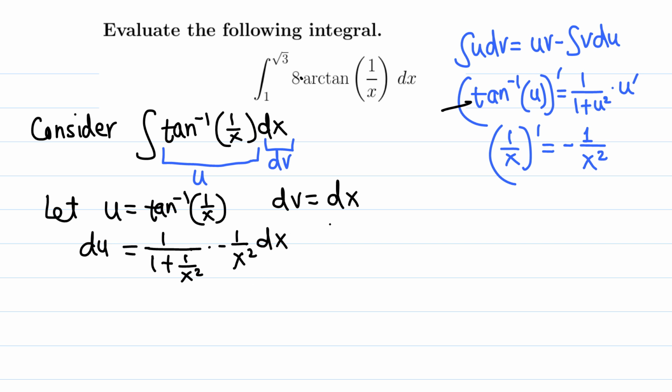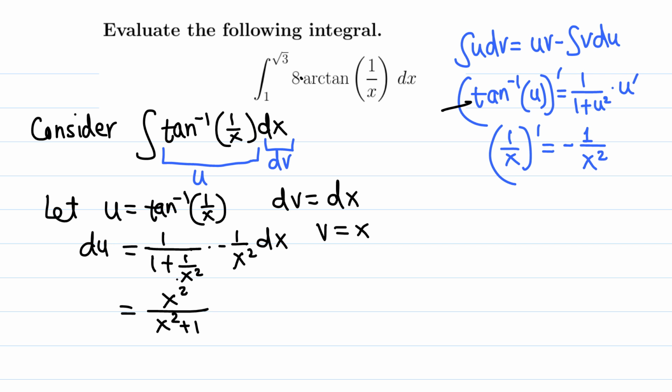Now we integrate this, then the antiderivative of dv equals x. Or we can simplify here: 1 over 1 plus 1 over x squared. We can combine these two fractions on the bottom. That makes x squared plus 1 all over x squared, and this x squared can be pulled to the top, so it becomes x squared over x squared plus 1.